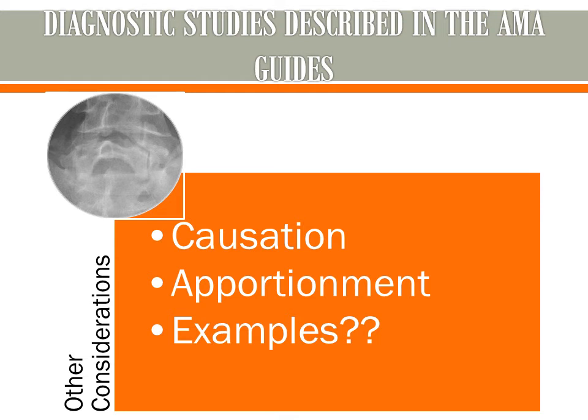So, secret number 7 is to order the appropriate diagnostic studies for every case, and never render any conclusions without supportive diagnostic studies upon which you can rely in support of your conclusions.